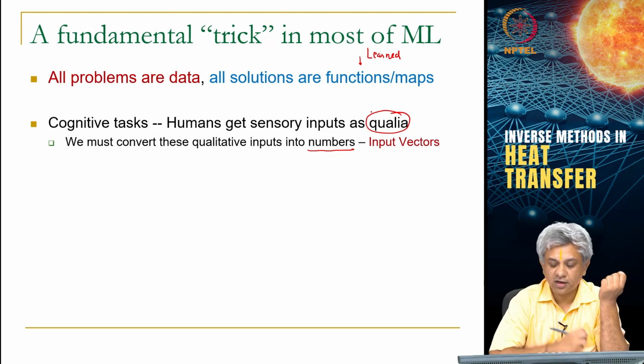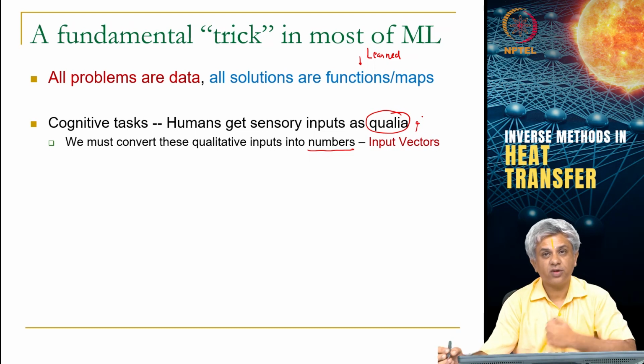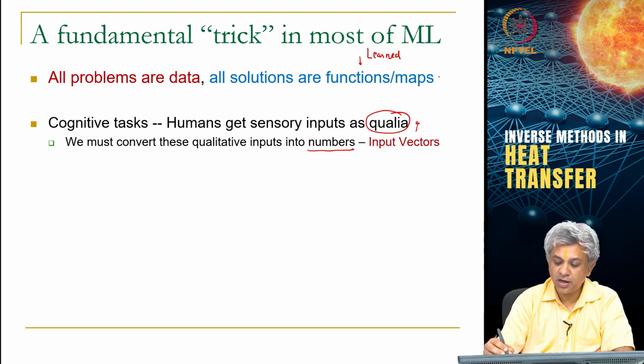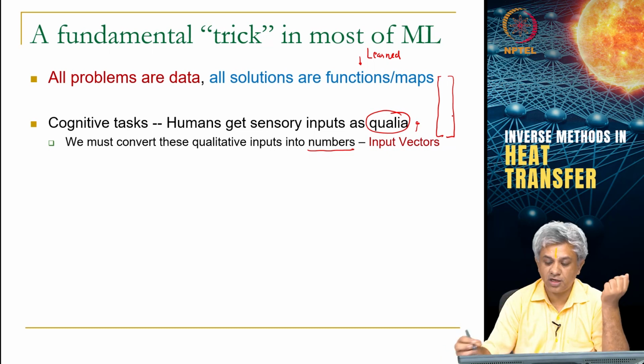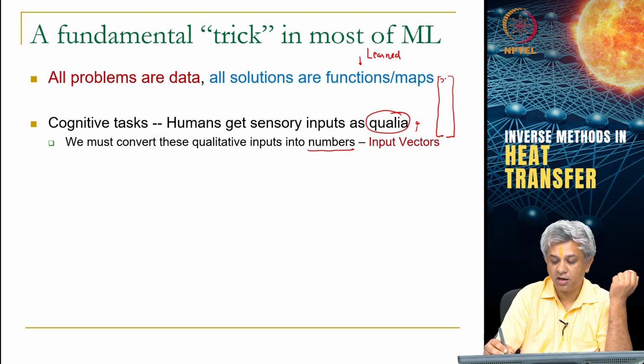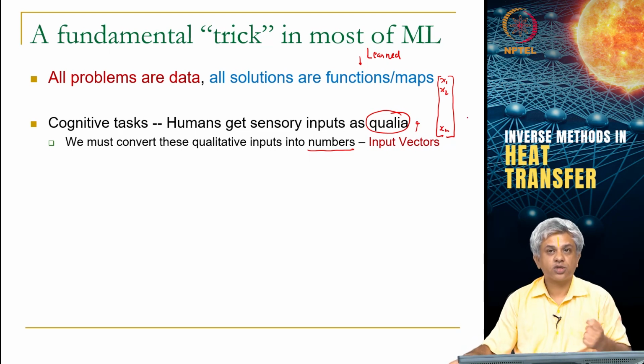Remember, a vector here, in the language that we are using, is simply a bunch of numbers. The slide is stored internally in a bunch of zeros and ones within the machine, and that can be represented as a bunch of numbers. So this is called an input vector.